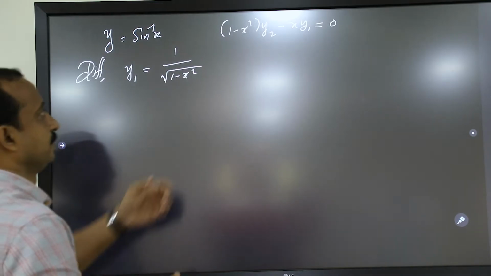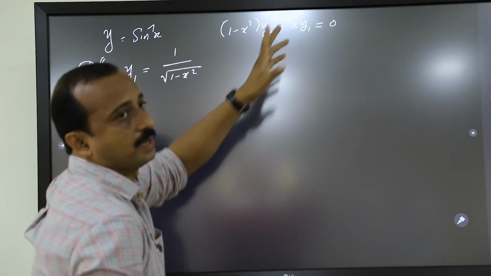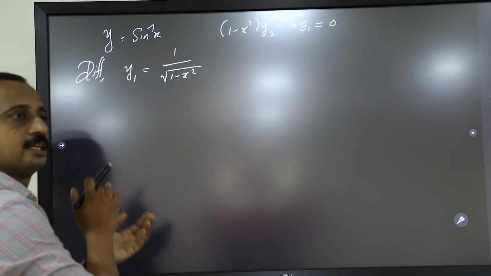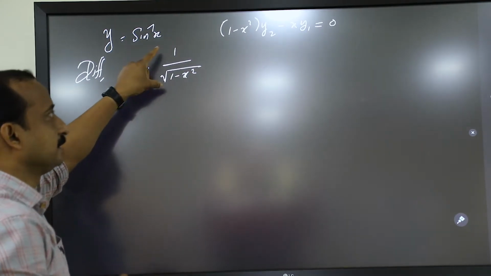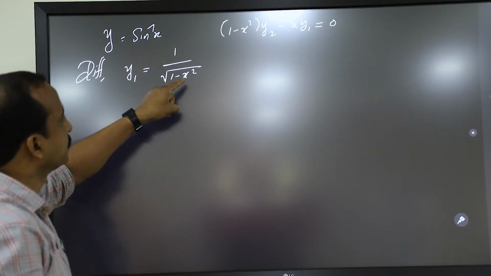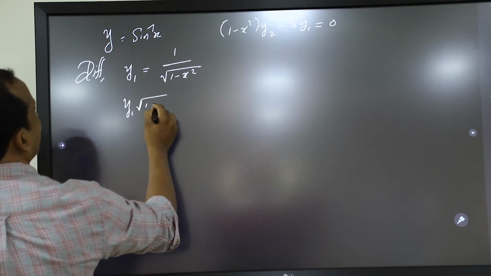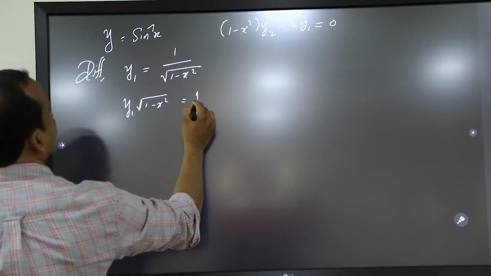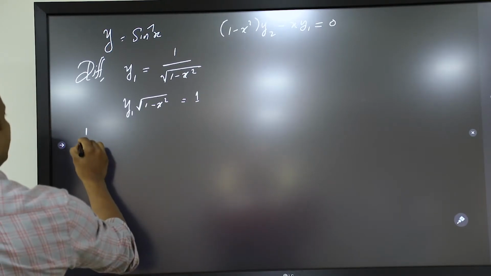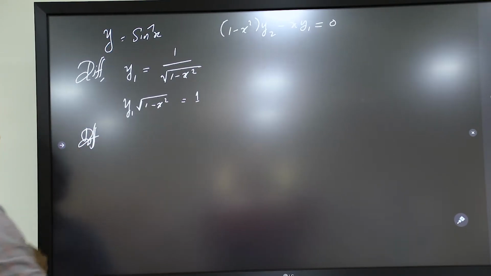Now we find the second derivative because our term to be proved contains y2. Before finding the derivative of this function, the right side is a fraction. So first we cross multiply the denominator to the left side, that is y1 into square root of 1 minus x square is equal to 1. Now differentiating again with respect to x.